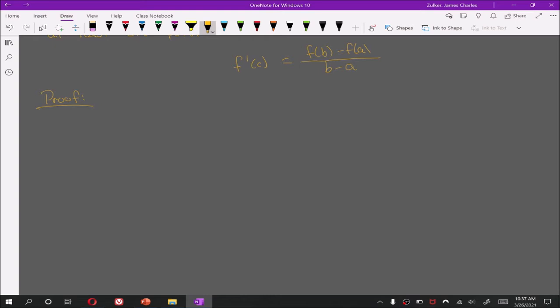What we do is consider the line that connects the points a, f of a, and b, f of b.